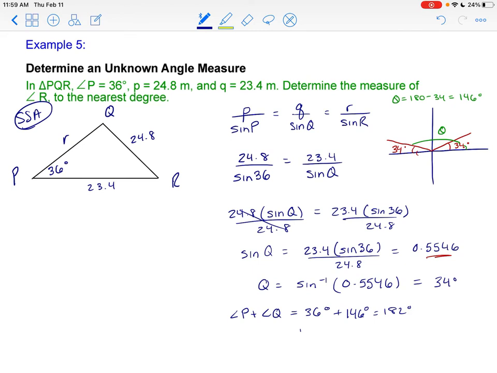And since 182 degrees is greater than 180 degrees, which is the sum of all angles in a triangle, since this part alone is bigger, we know that the other angle can't be anything, right? This triangle is not possible. So therefore, this second triangle is not possible. So there's only one solution.